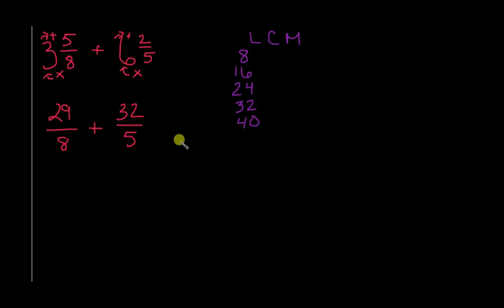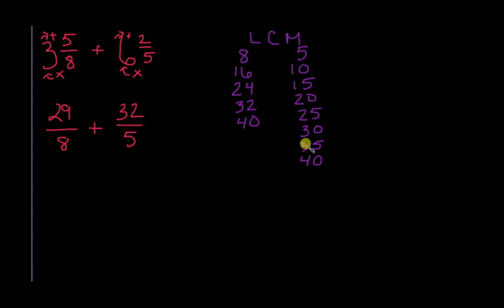Now you can sit here and maybe pause the video and see if you can figure out what the least common multiple is when you take the multiples of 5. 5 times 1 is 5, 5 times 2 is 10, 5 times 3 is 15, 5 times 4 is 20, 5 times 5 is 25, 5 times 6 is 30, 5 times 7 is 35, 5 times 8 is 40.